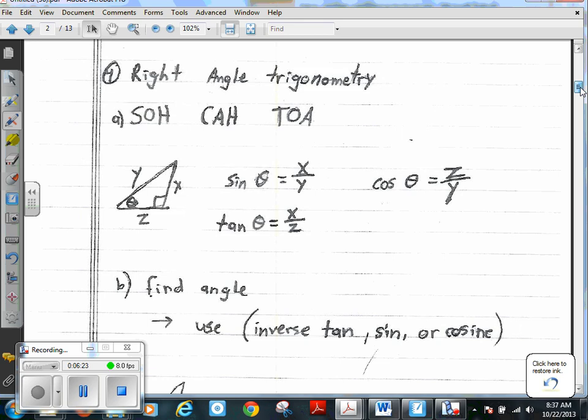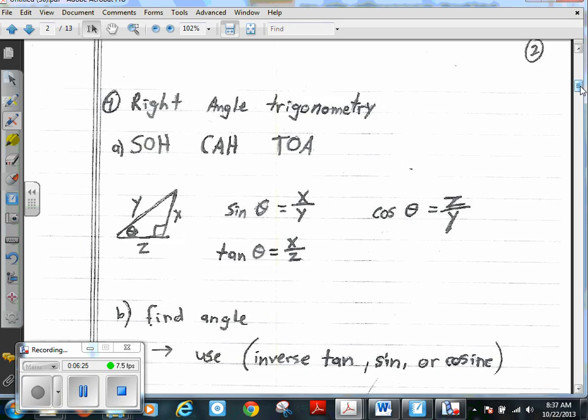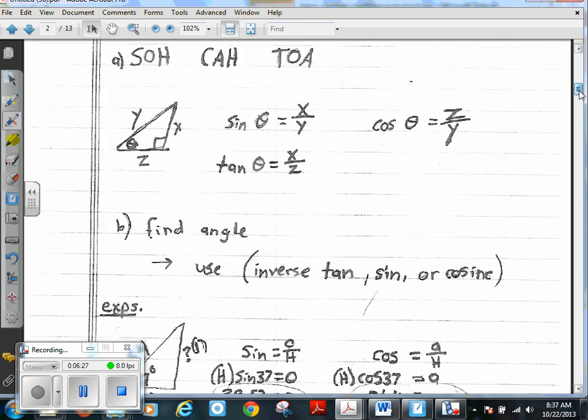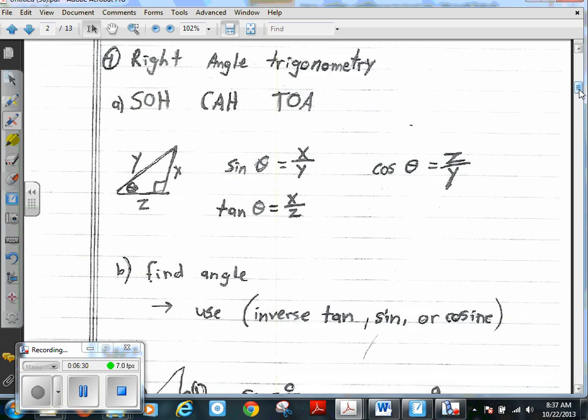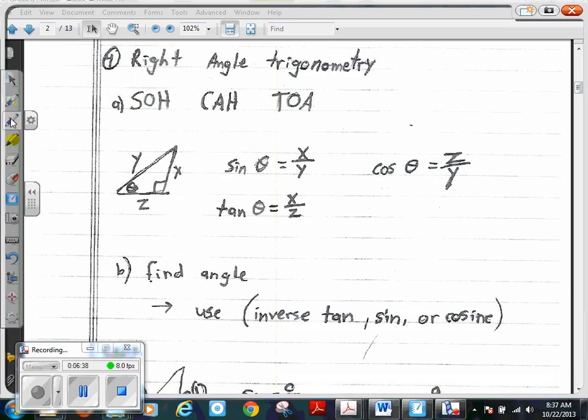And why do we use right triangles? So we can utilize this math called right angle trigonometry. Okay, so how many of you are familiar with this? Sure, the calculus people. I don't know, maybe pre-calculus.